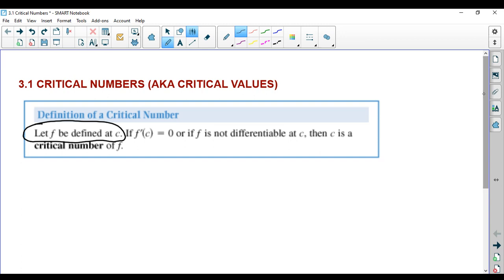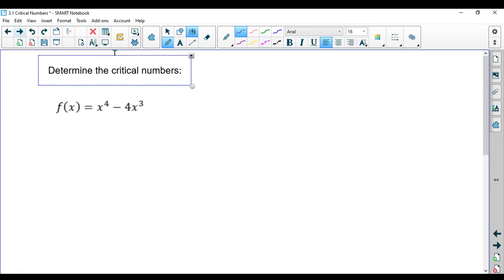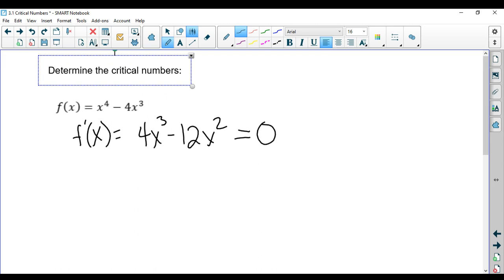So, a very simple example first, find the critical numbers of this function. We need to find the first derivative. That's 4x cubed minus 12x squared, and we need to find where that equals 0.